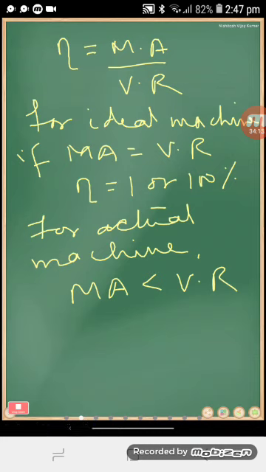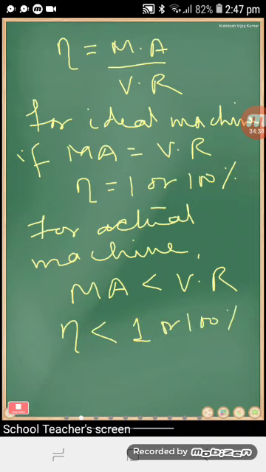So the mechanical advantage is going to be less than the velocity ratio, and in that case, efficiency is going to be less than 1 or 100%. So for an actual machine, mechanical advantage will be less than the velocity ratio, because if mechanical advantage is greater than the velocity ratio, the machine will be having an efficiency greater than 1.